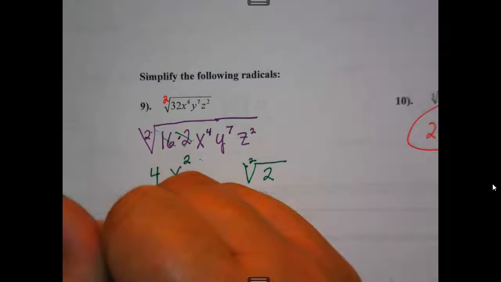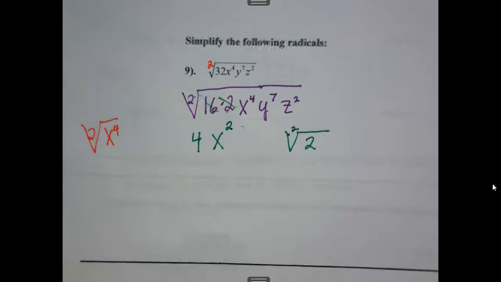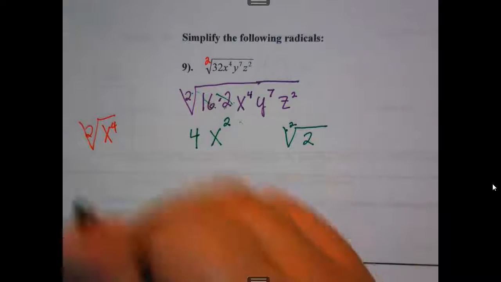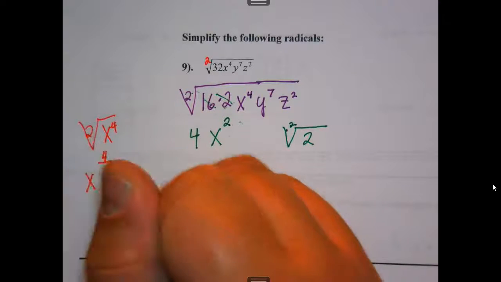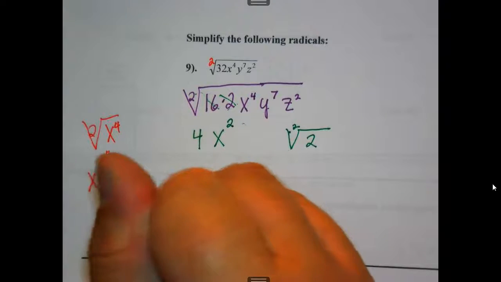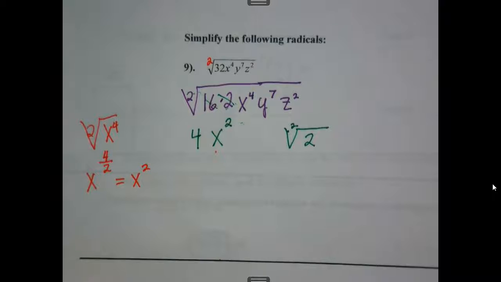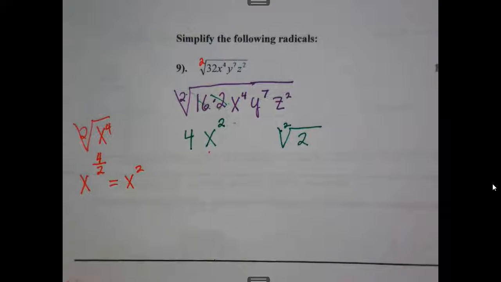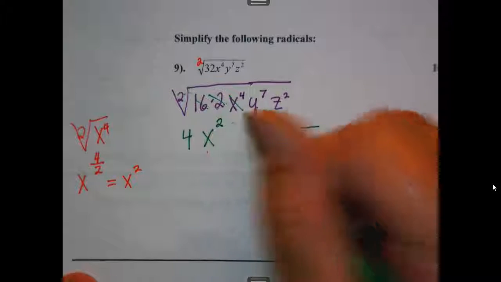I'm taking the square root of x to the 4th. Change that to exponent form: x to the exponent 4 divided by the root 2. What's 4 divided by 2? That's how I got my x squared. Okay, that takes care of my x to the 4th.